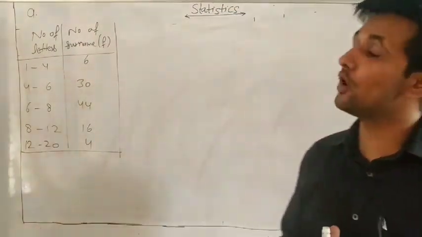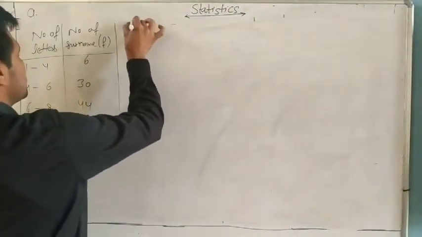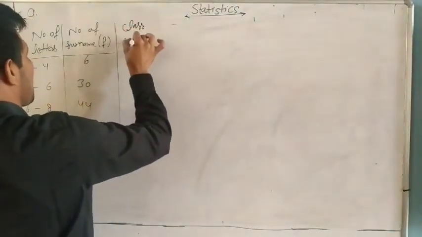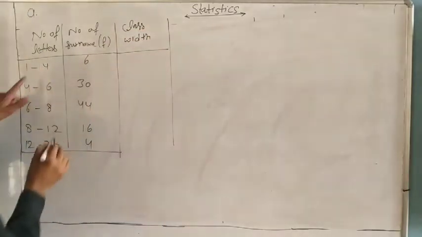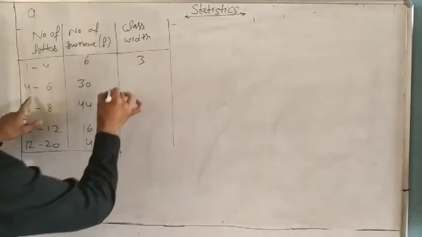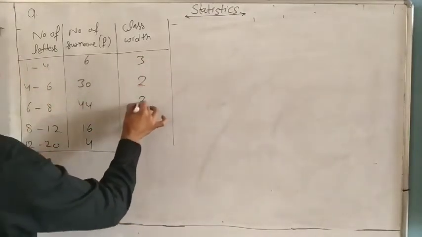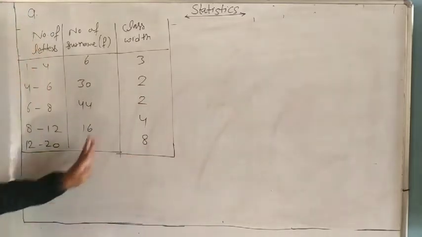But we observe the class widths are not the same. Class width is upper limit minus lower limit: 4 minus 1 is 3, then 2, 2, 4, 8. The class widths are not the same.